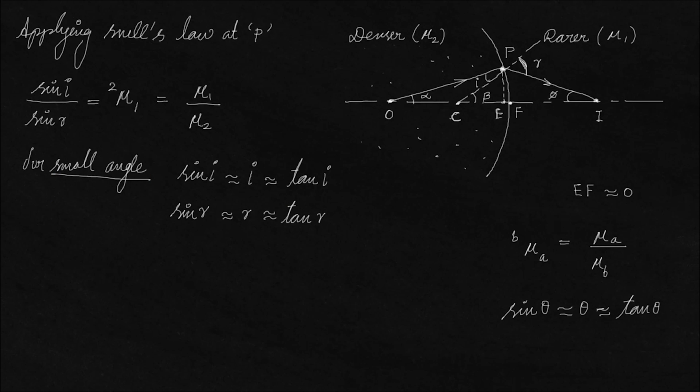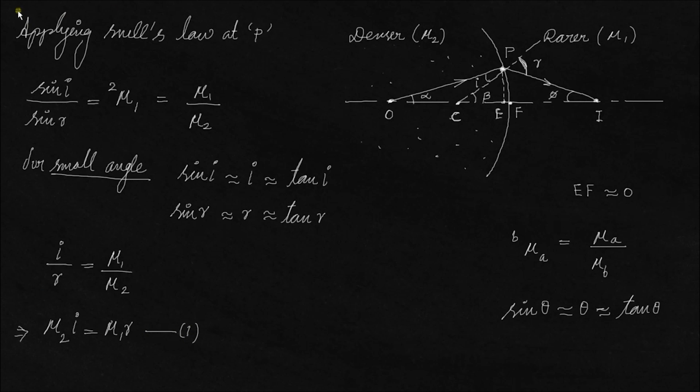So I can rewrite this expression. Instead of sin i, I can write i by r is equal to mu1 by mu2, and when cross multiplying, you get mu2 i is equal to mu1 into r. Let me call this equation number 1.